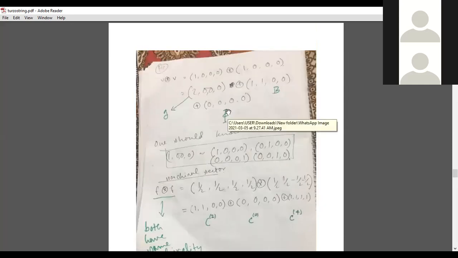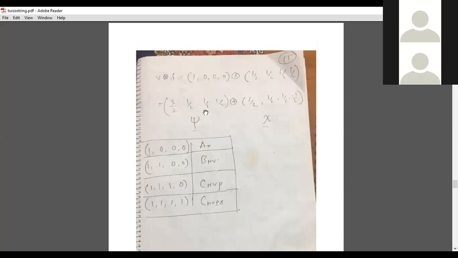Before going to fermion times fermion, let's try to understand them. If you have a vector field, your representation will look like this: 1000. If you have an antisymmetric field, you will have 1100. If you have a three form field, you will have 1110.